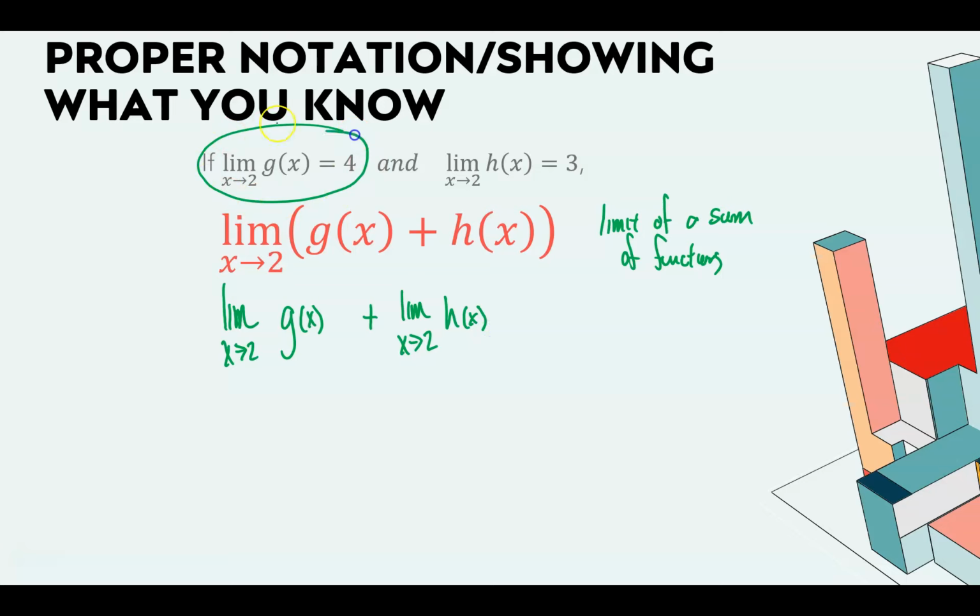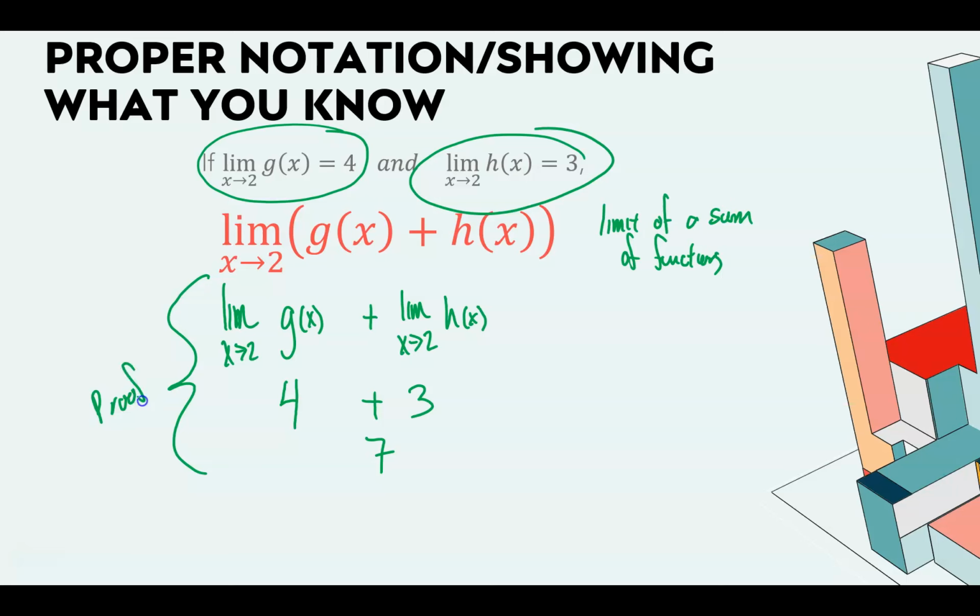And now I do have limit as x approaches 2 of g, which I can replace with 4, and the limit as x approaches 2 of h, which I can replace with 3. That's what we're looking for. What's your answer? Your answer is all of this proof.